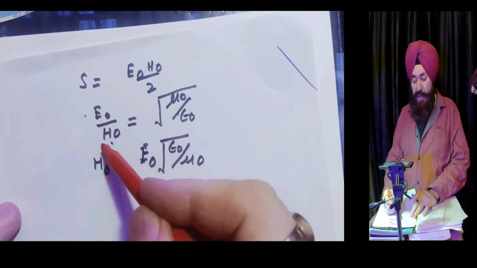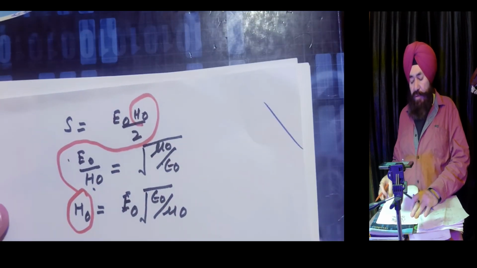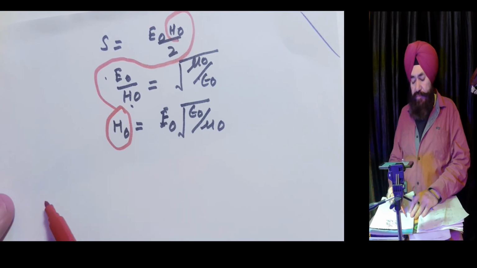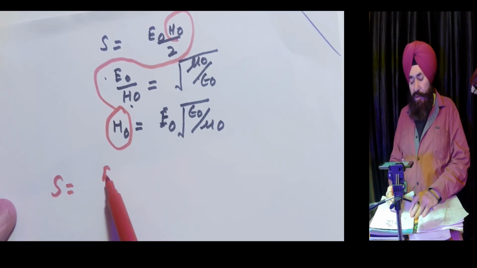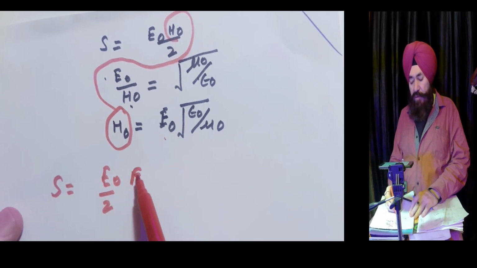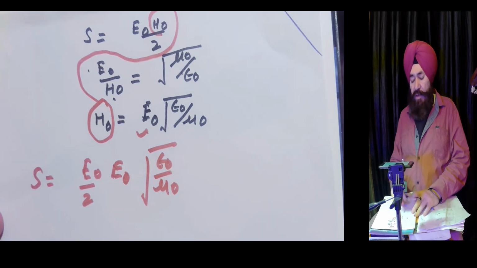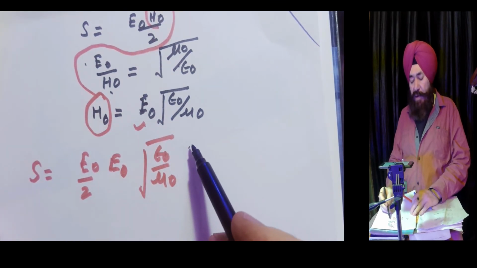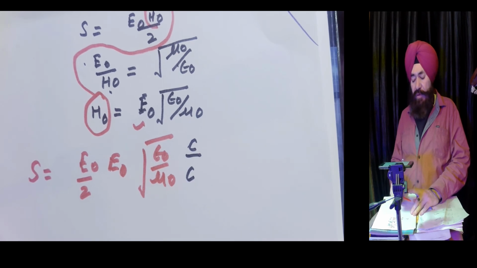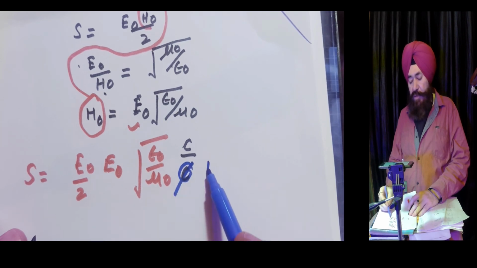Now substituting this H naught here, so it becomes E naught upon 2 and again E naught, this one under root of epsilon naught mu naught. Okay, now we again multiply and divide by C, right? Now this C is 1 upon under root of mu naught epsilon naught.